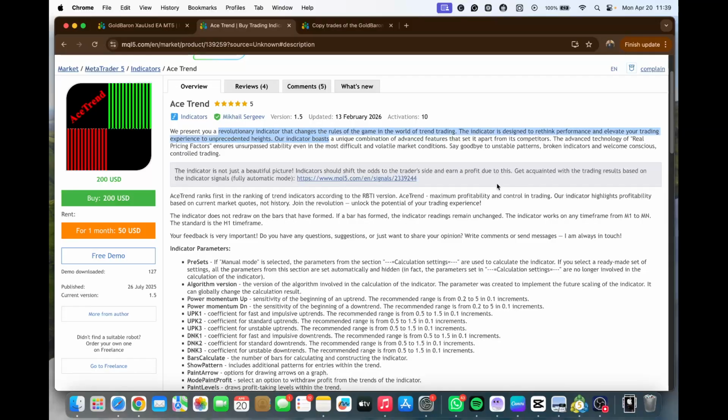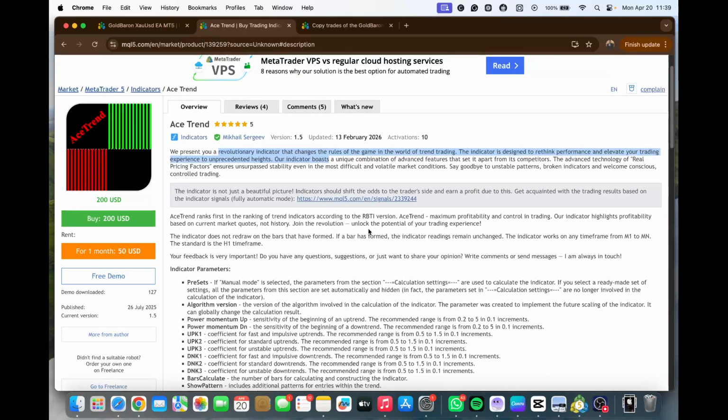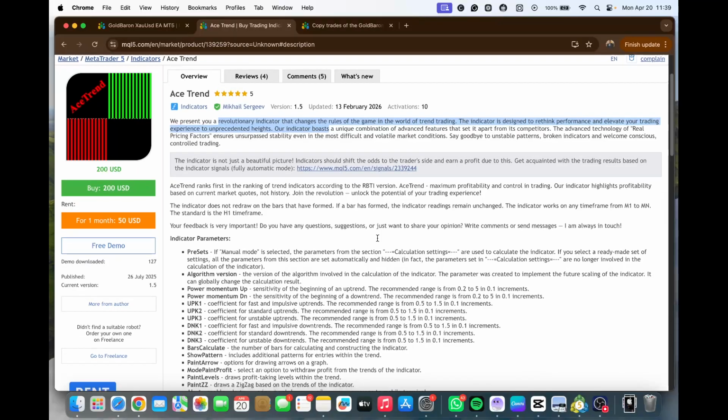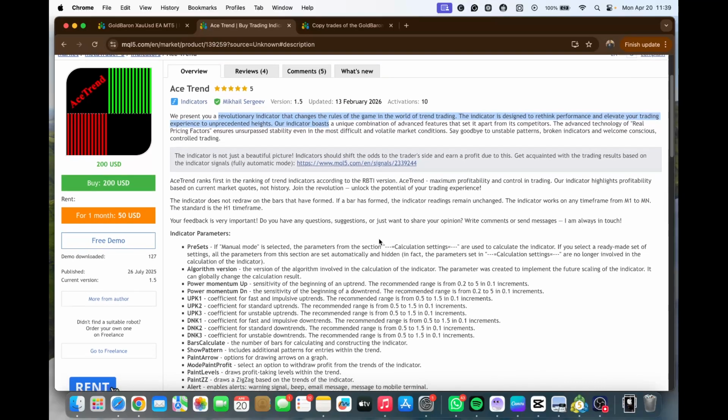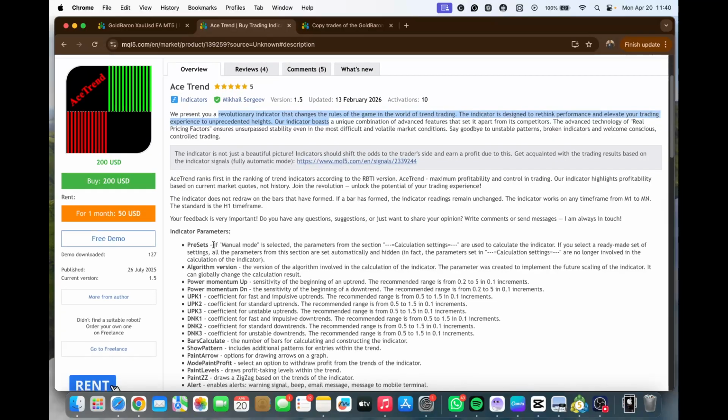This is what he says, and it combines 10 complementary subsystems. We're talking about different angles on momentum, volatility, price action around these ACE trend levels. When enough of them line up, the trade gets considered.